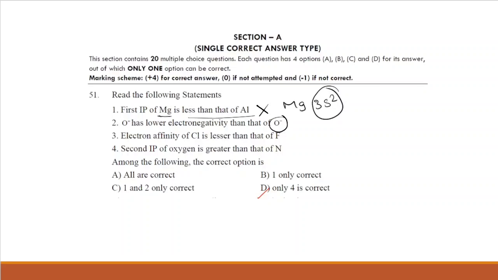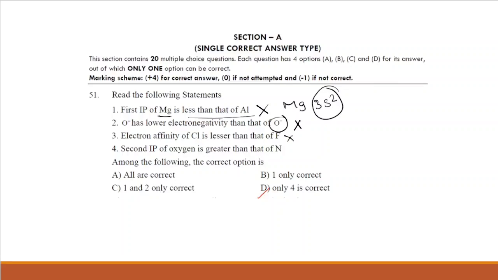So definitely it will have lower electronegativity when compared with the unipositive oxygen, but they have given it in a wrong way. So the second statement is also wrong. What about the third one? Electron affinity of chlorine is less than that of fluorine. No. Among the whole periodic table, the highest electron affinity element is chlorine, but they have given it is less, so it is also wrong.